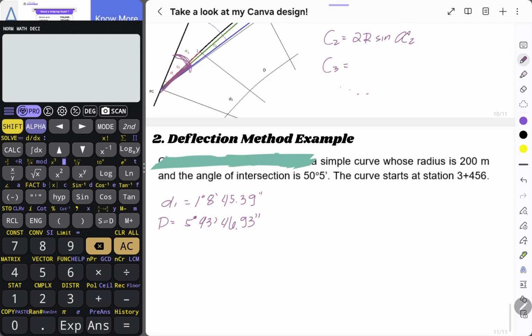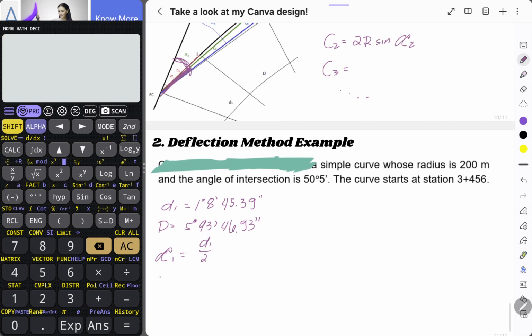Okay. Alpha 1, D1 all over 2. So, alpha 1 natin is equal po siya sa 1,845.39 divided by 2. So, 0, 34, 22.70.